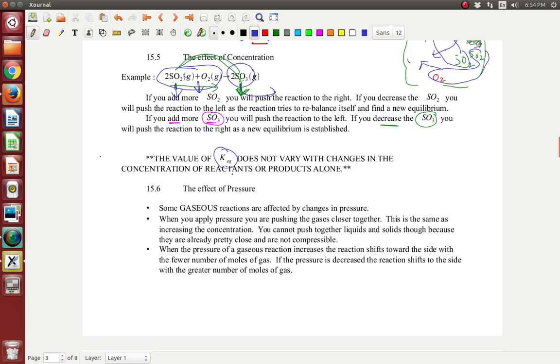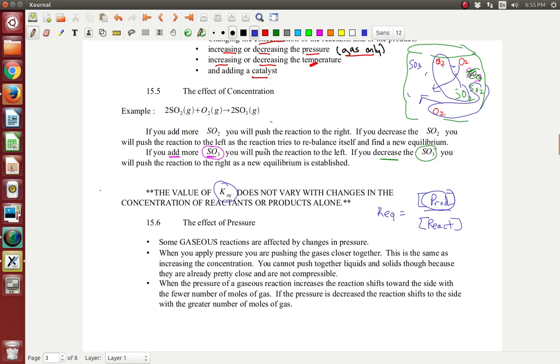And the reason it doesn't mess with the equilibrium constant, remember that the equilibrium constant is the products over the reactants. And really it's the A times the A, the C and the C on the top and the A on the bottom. But if I add more product over here, remember it shifts it to the opposite side.